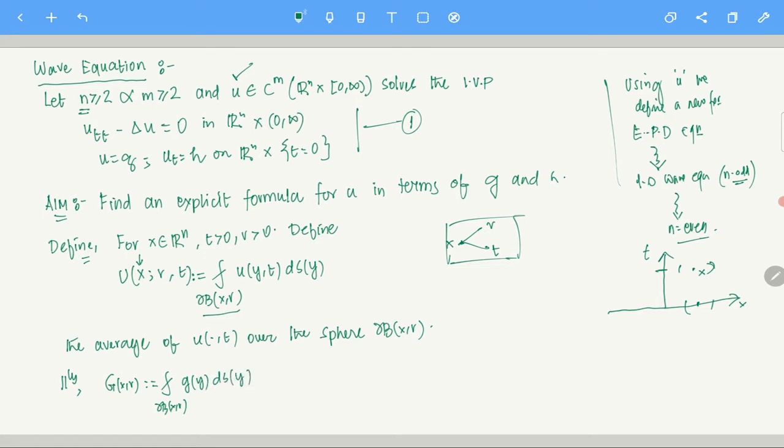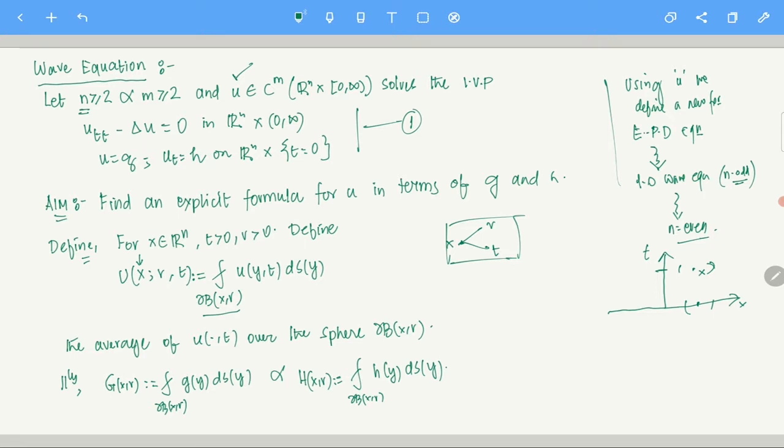Here this is a function of r only, because there is no t, it's basically t equals 0 in this case. And H(x,r) equals the average over ∂B(x,r) of h(y) dS(y). Clear? So G and H look like this.